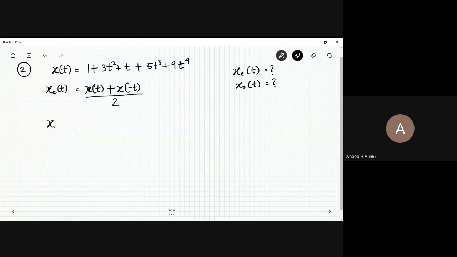Okay, next, x odd of t is equal to x of t minus x of minus t divided by 2. Okay, so this is how you can understand the even component and the odd component.